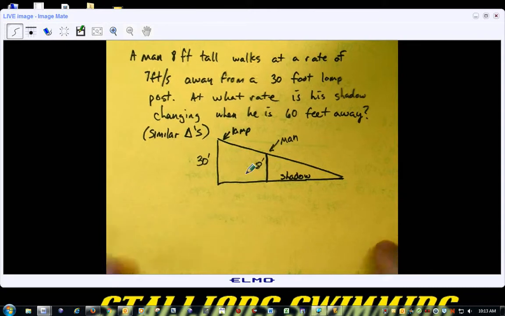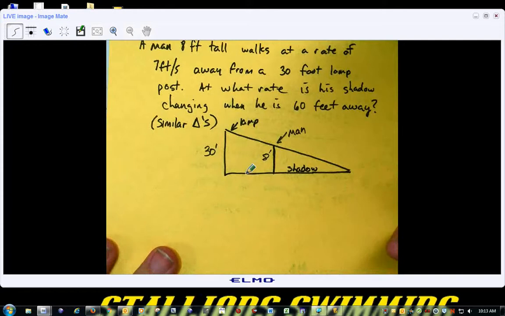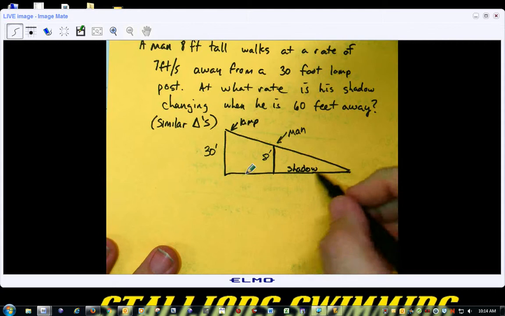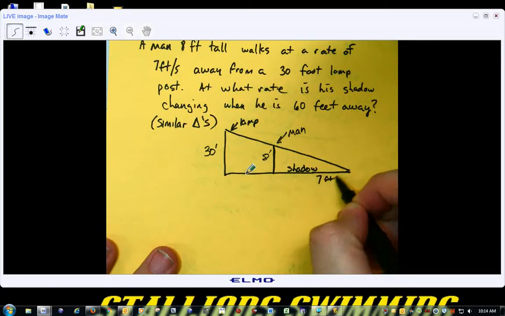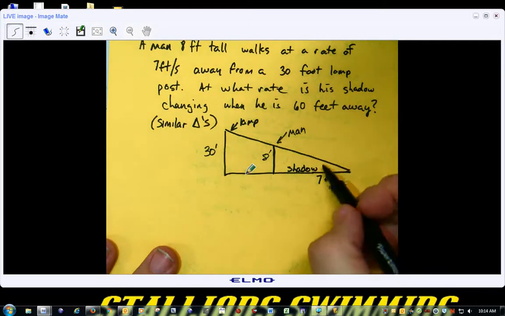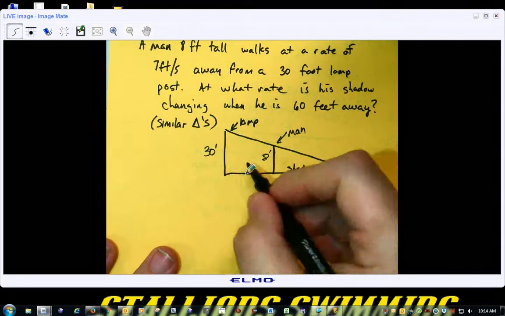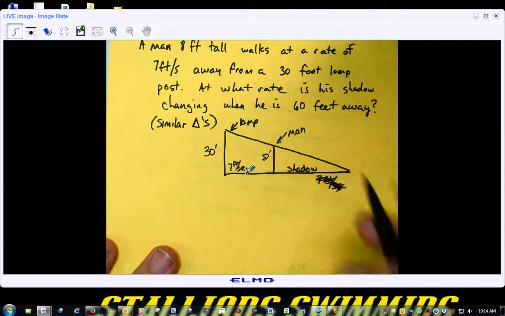Alright, so do we know the rate of the shadow changing? Alright, so this is 7 feet per second. And do we know what this value is?